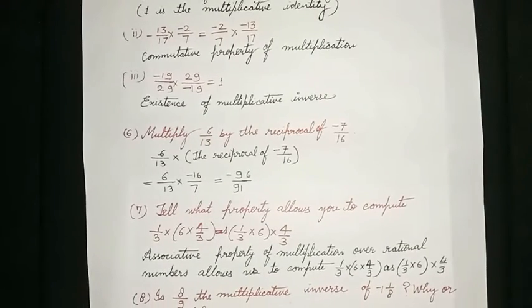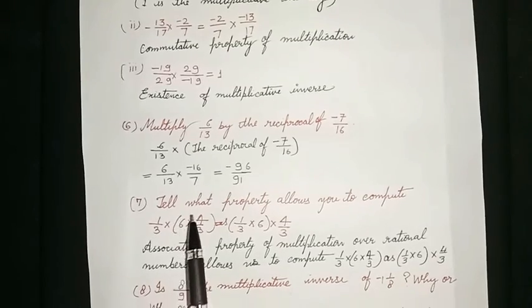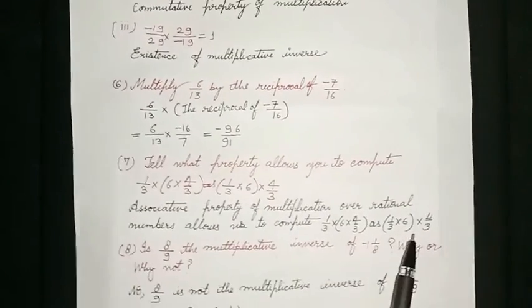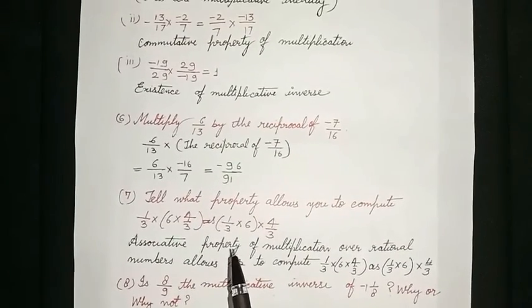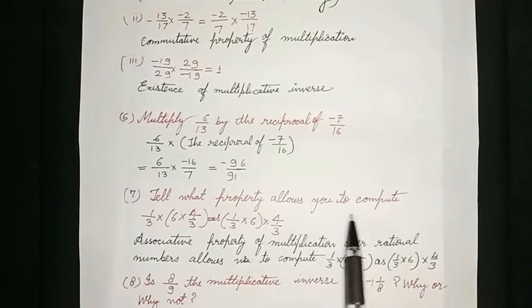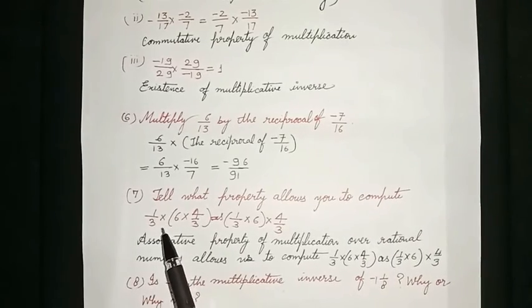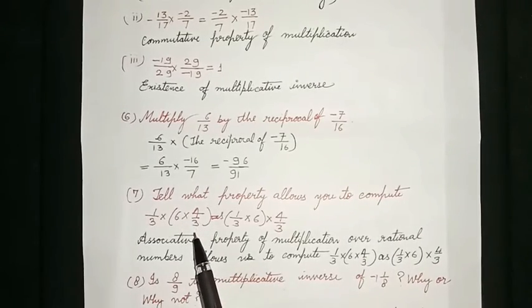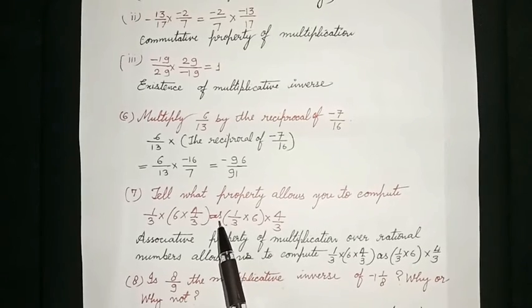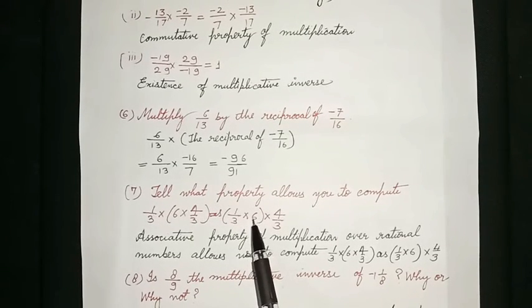Now question number 7. Tell what property allows you to compute 1 by 3 into 6 into 4 by 3 as 1 by 3 into 6 into 4 by 3.